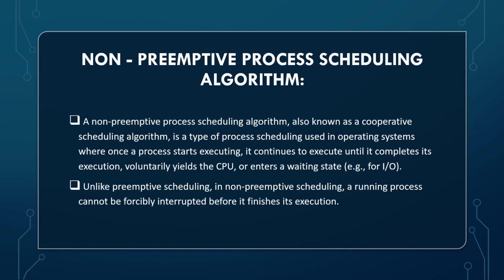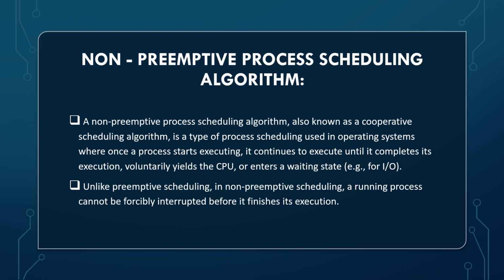A non-preemptive process scheduling algorithm, also known as a cooperative scheduling algorithm, is a type of process scheduling used in operating systems where once a process starts executing, it continues to execute until it completes its execution, voluntarily yields the CPU, or enters a waiting state.